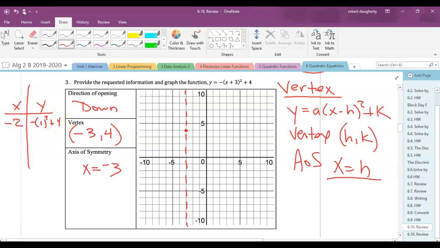So (-2, 3), I get this point, which means I also have a matching point there. I can pick one other point just to be sure. Let's try 0. If I plug in a 0, then I get 4 minus 9, that's -5. So I get this point right here. So 1, 2, 3, 1, 2, 3. So right there. So I know that this parabola does this.